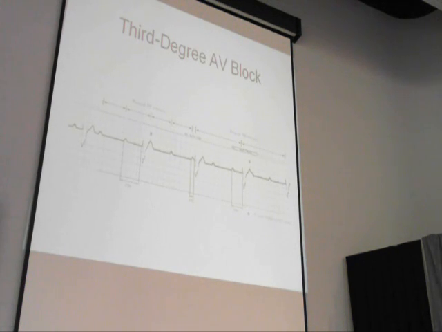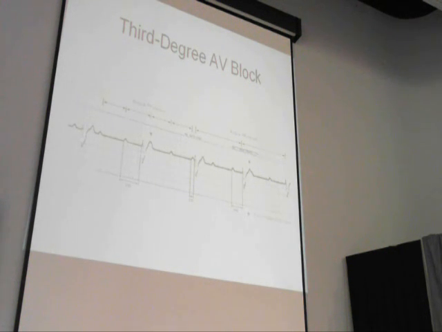High degree blocks, second degree type 2 or third degree, are very common after an MI, particularly inferior MIs. A lot of times you've got a pretty large area of the heart damaged, you've got dead tissue, and dead tissue doesn't work too well. As we start to heal, the conductive system and impulses may pick up again, so it may be a temporary thing for pacing, but definitely external pacing, and it may end up being a permanent implantable dual chamber pacemaker to pace the heart.